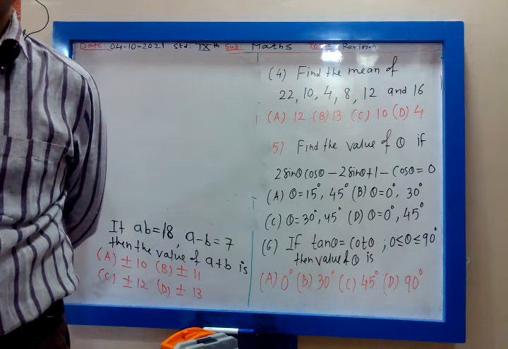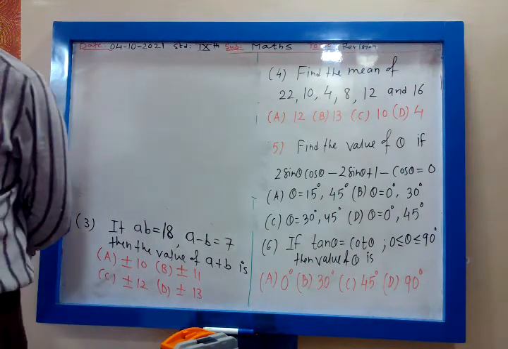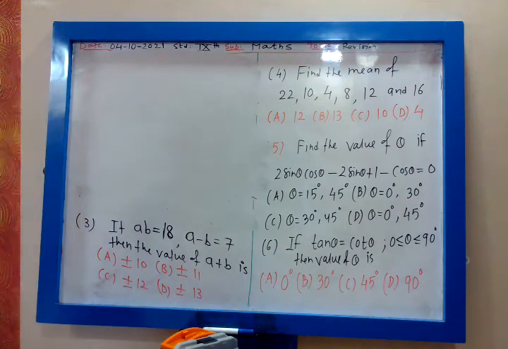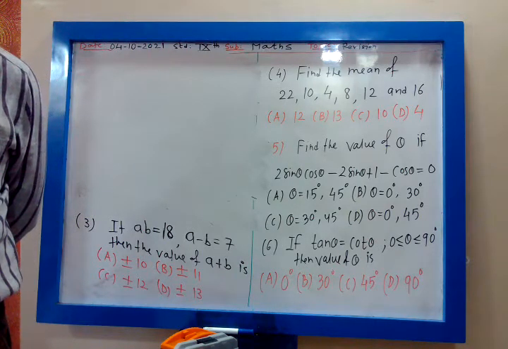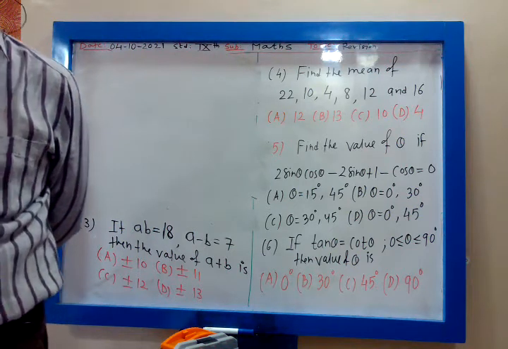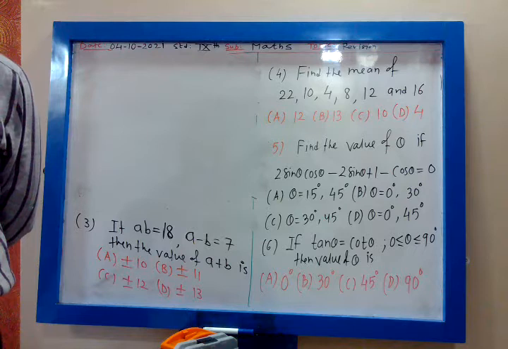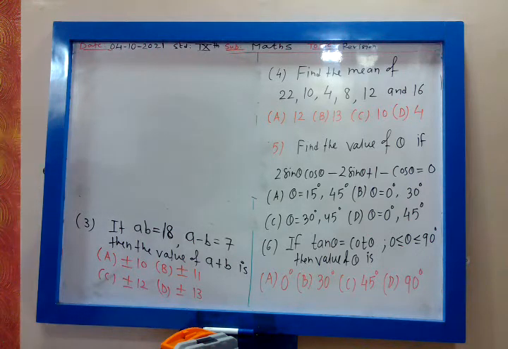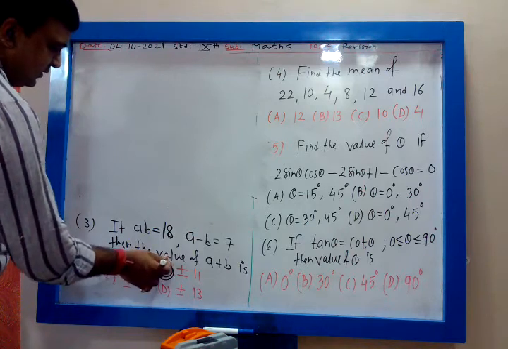Where is your answer? Then Anushree Misra B, Ravina Chaudhary B. Okay. Arvina Prajapati. Where is your answer? Tanvi Patel B. Okay. B means plus minus 11.